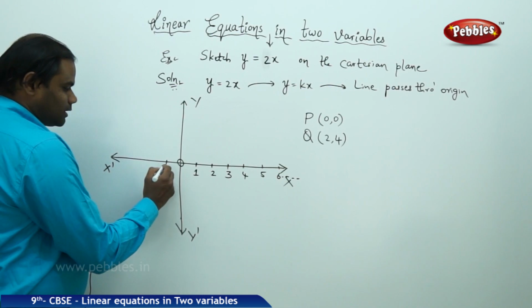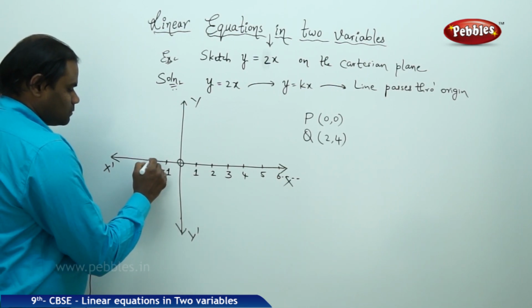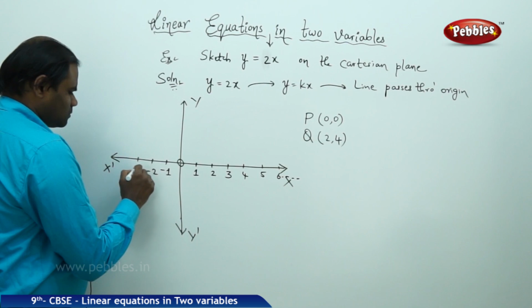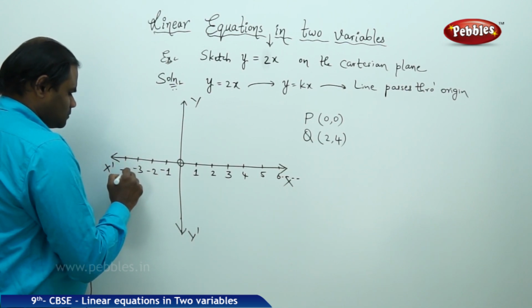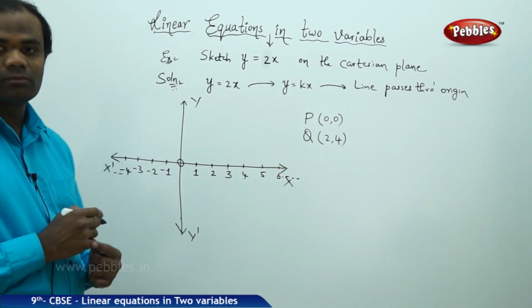And on the left, I have -1, -2, -3, and -4.